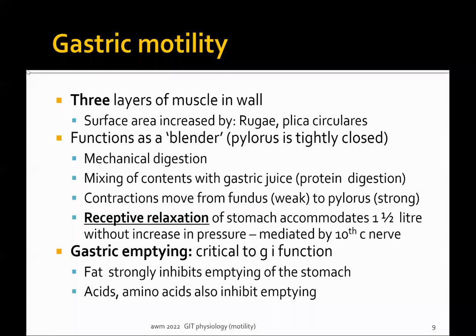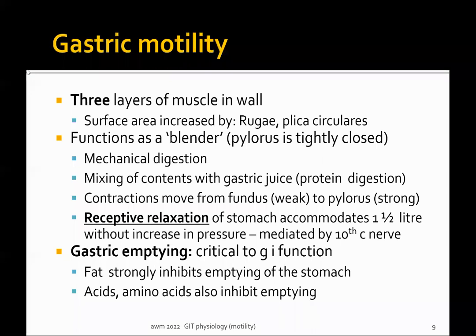So if you eat a meal that is high in fat, that fat, as it is released into the duodenum, is going to delay gastric emptying. If the food is highly acidic, that will also delay gastric emptying through the mechanism we talked about, the duodenogastric reflexes.